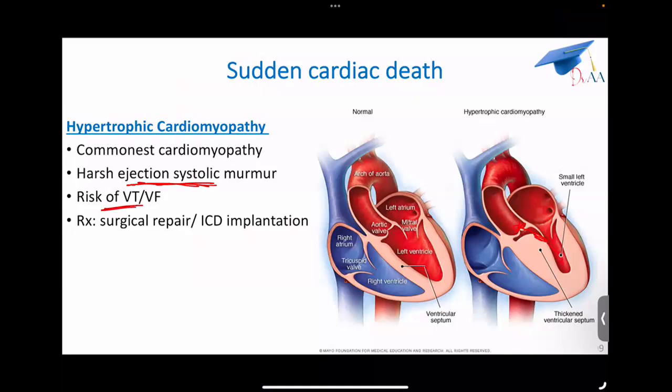There is risk of VT-VF also because of this. What you can do here is a surgical repair, resect this part, or you can just implant a defibrillator, because these patients are prone to VT-VF, which causes syncope or death itself.